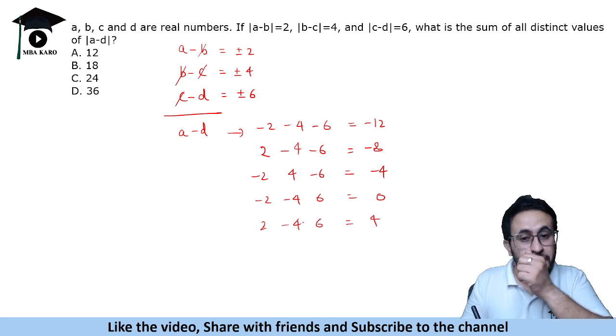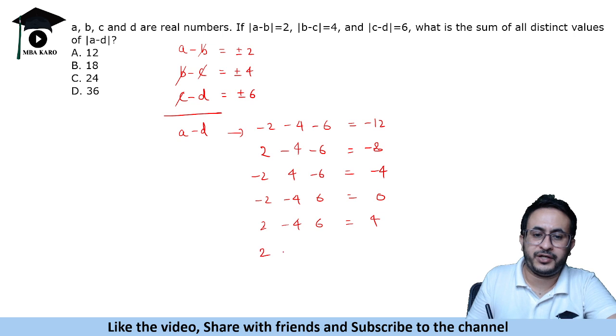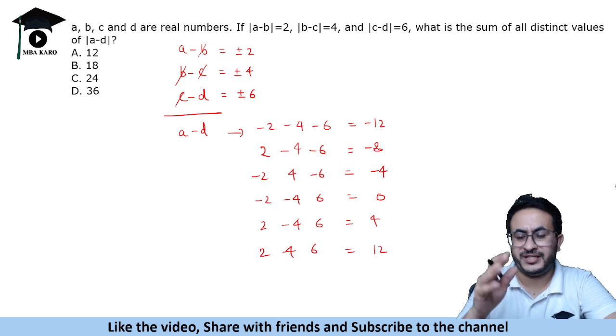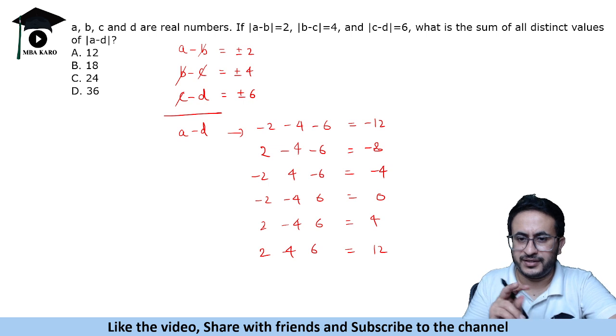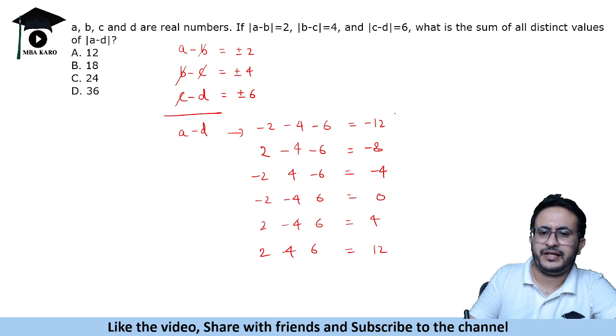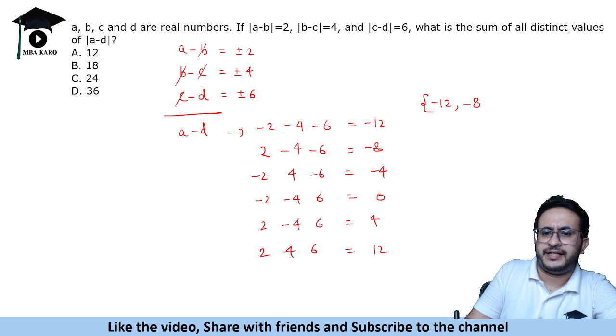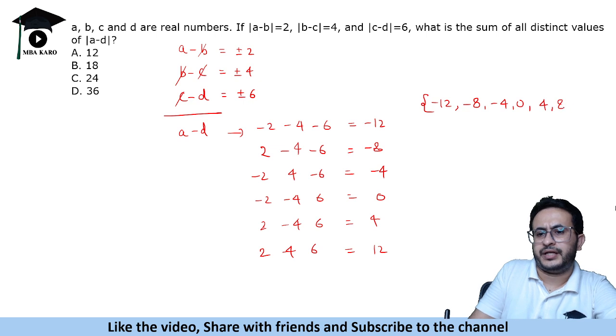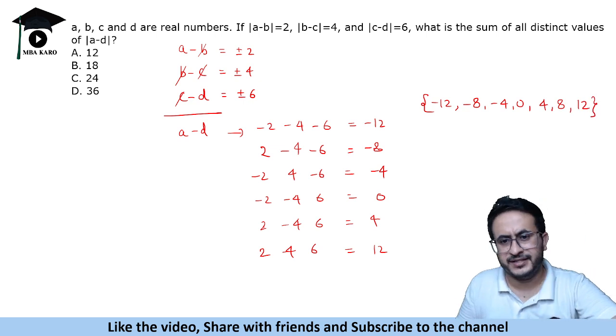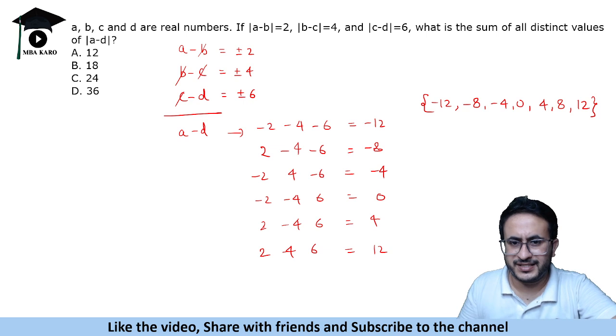Or if we make all of them positive, 2, 4, 6, we will get 12. So basically you will get 8 sets of values, right? You can test each of these values. So we will get the range of values as minus 12, minus 8, minus 4, 0, 4, 8 or 12. We will get only these values for this expression.